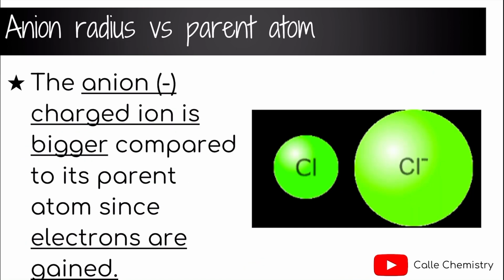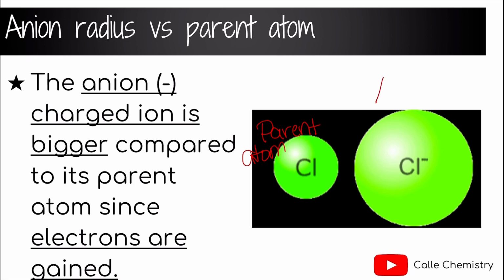Okay, now let's talk about the size. The anion radius versus the parent radius. So once again, the parent radius is talking about the neutral state of that atom. So I'm just going to label it here, parent atom.